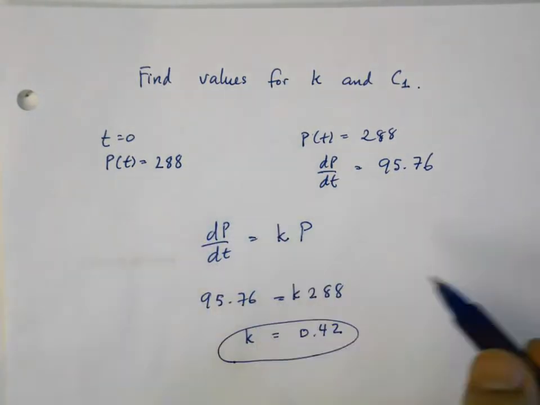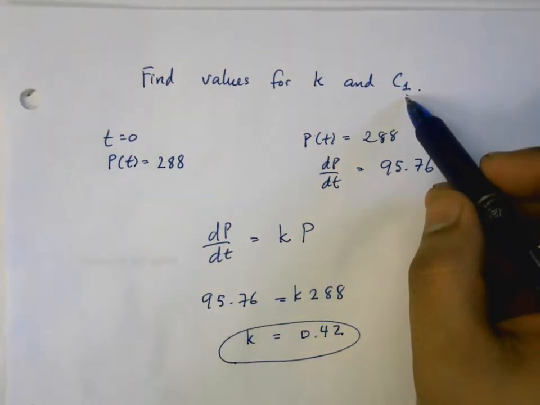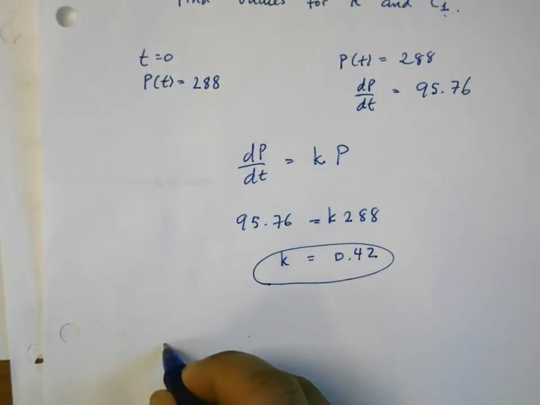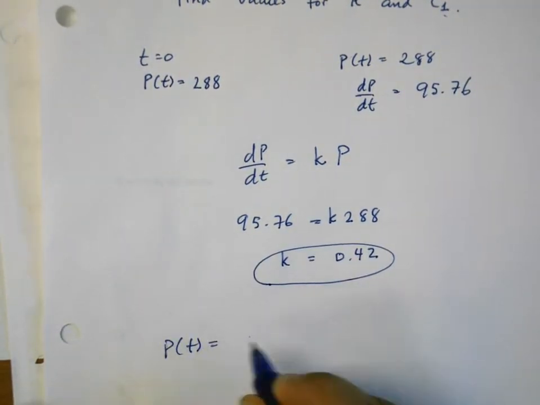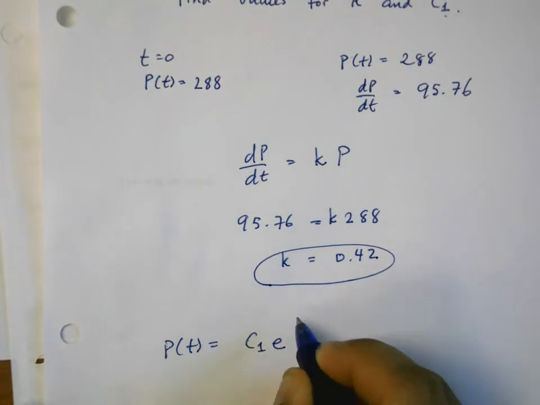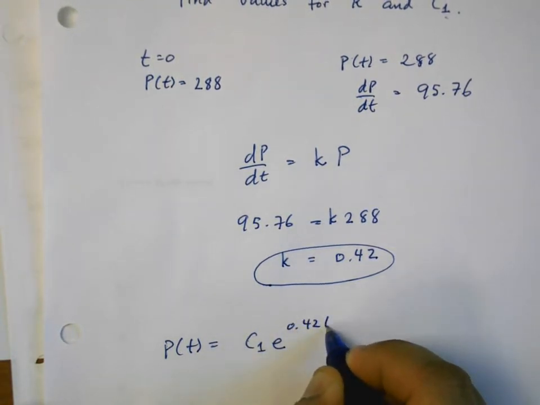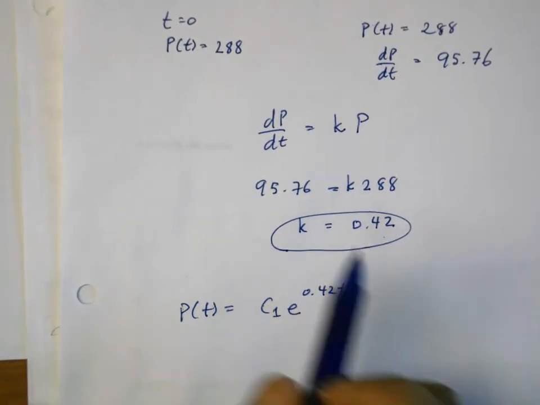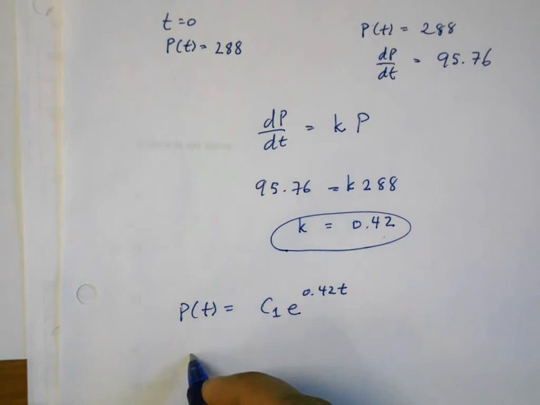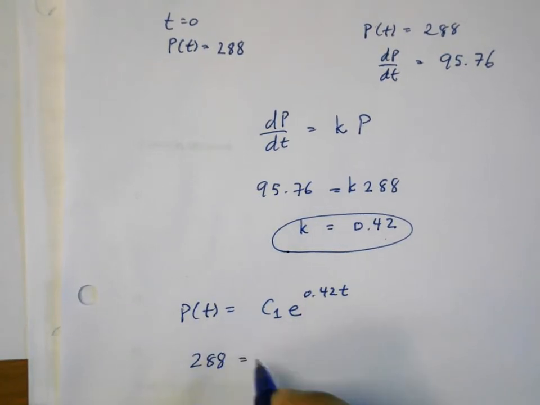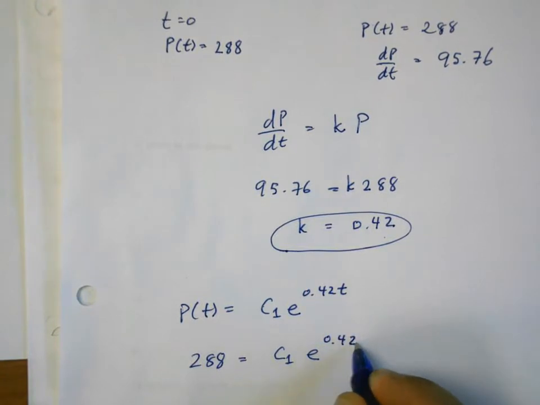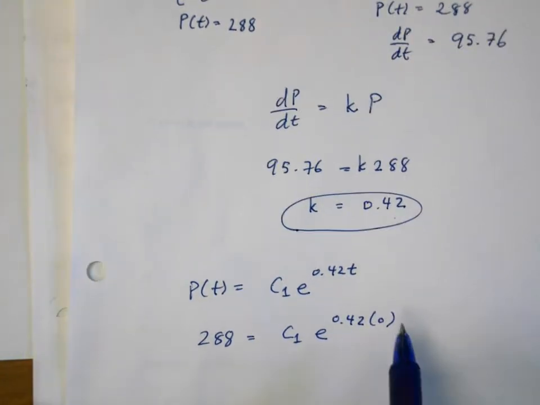Then we're going to have to figure out what C, or C1 here, is equal to. So we use the other equation that we have: P of t is equal to C1 e to the kt. But we already know that K is 0.42. And now we're going to use these 2 points. So 288 is equal to C1 e to the 0.42 times 0.